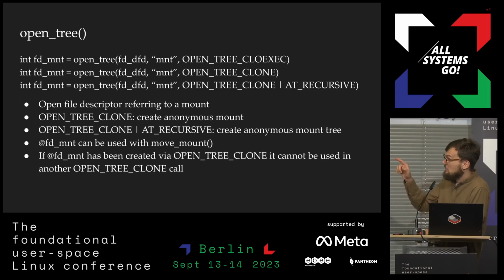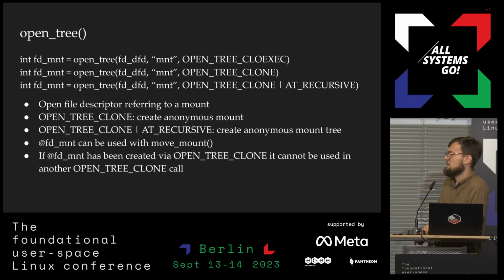And it also has support for doing this recursively, so you can copy or clone a whole mount tree. You can get a whole private reference to a mount tree through OPEN_TREE_CLONE. It's not attached anywhere. This file descriptor is, again, an O_PATH file descriptor, and you can use this with the move_mount system call like we did before.